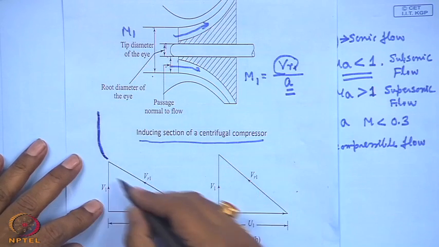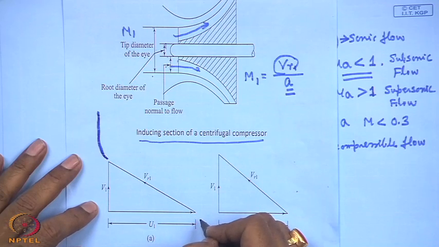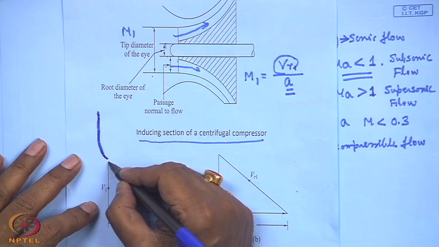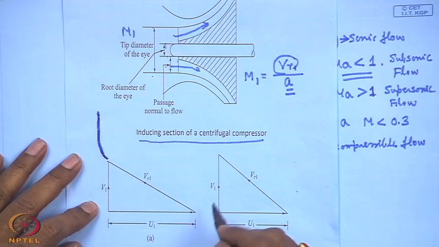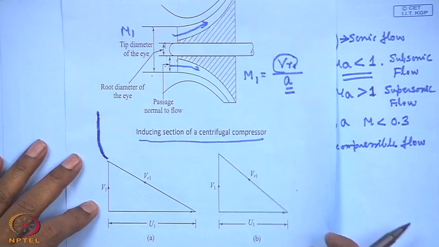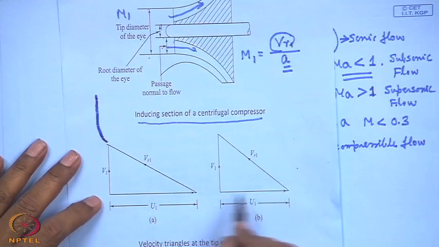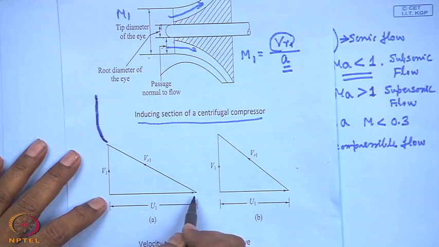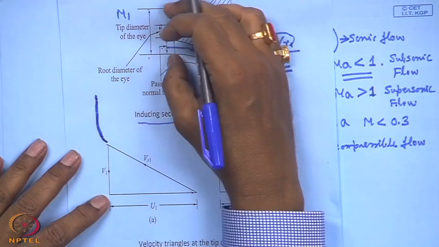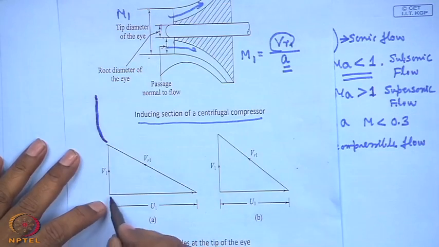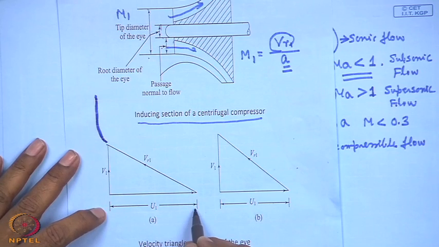This is a velocity triangle, where the relative velocity has an angle that matches the angle of the impeller blade at the inlet. Now, these two are typical velocity diagrams. This diagram is for a very large impeller diameter, where the peripheral speed u1 is more.